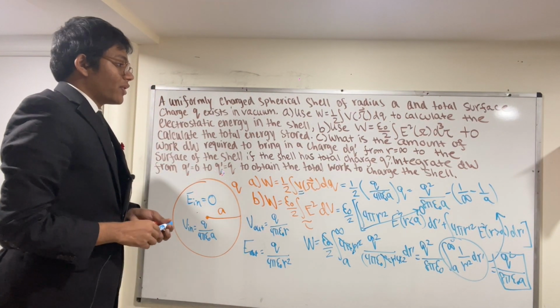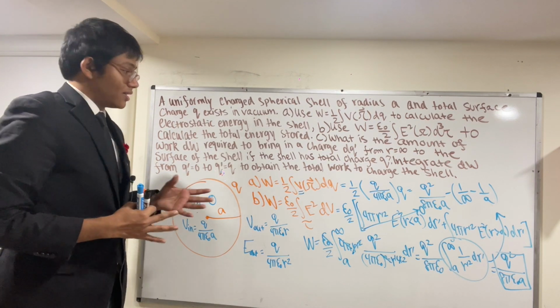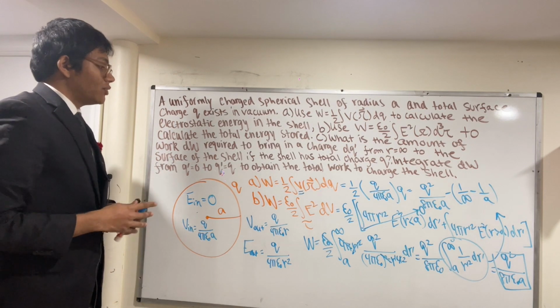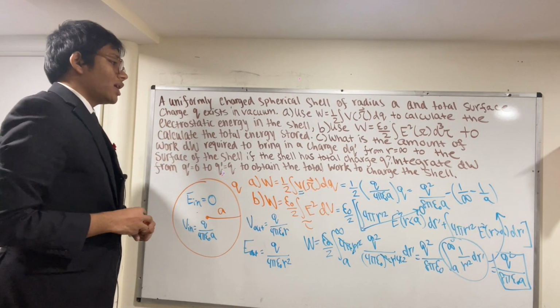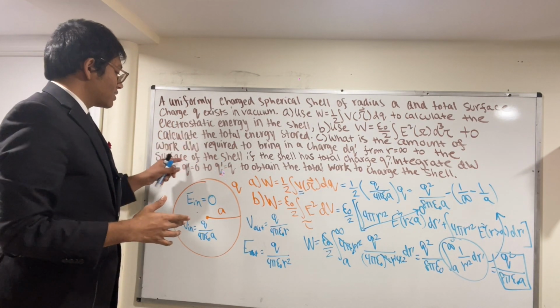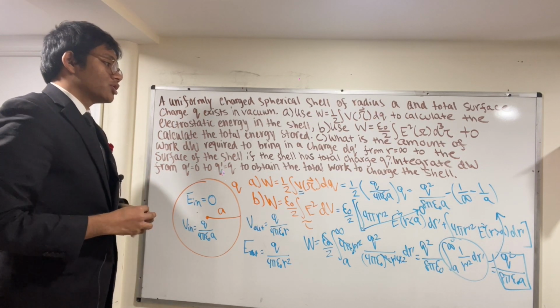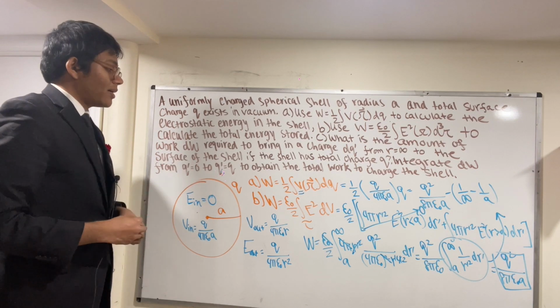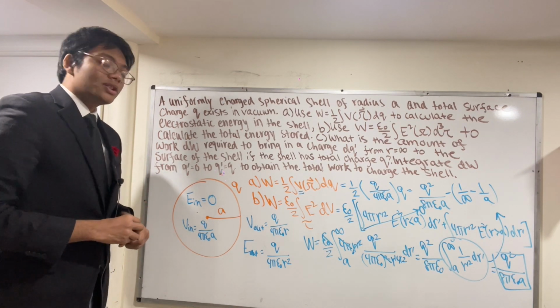Now let us consider the third part of the first problem. What is the amount of work dW required to bring in a charge dq prime from spatial infinity to the surface of the shell if the shell has a total charge of Q? Integrate dW from q prime equals 0 to q prime equals Q to obtain the total work to charge the shell.